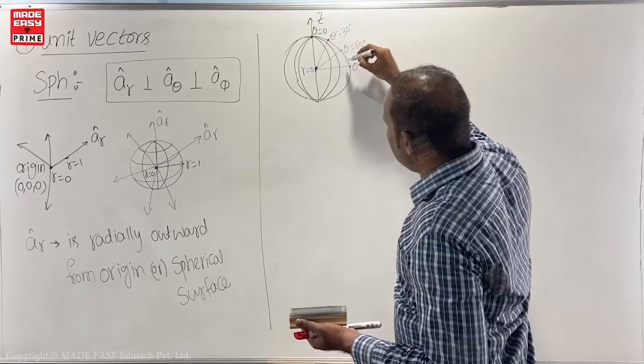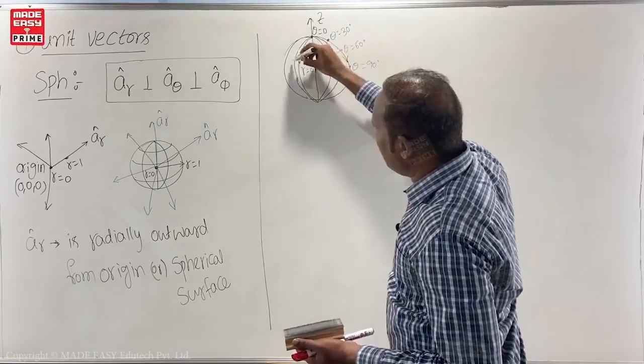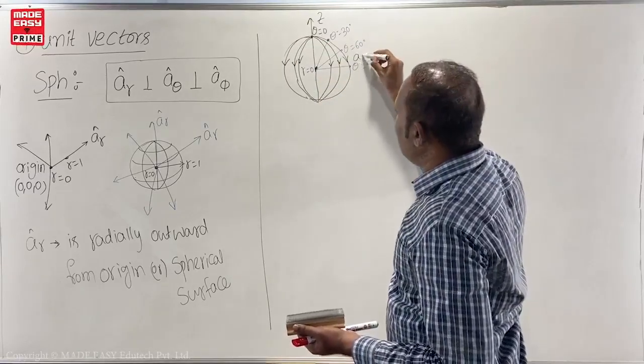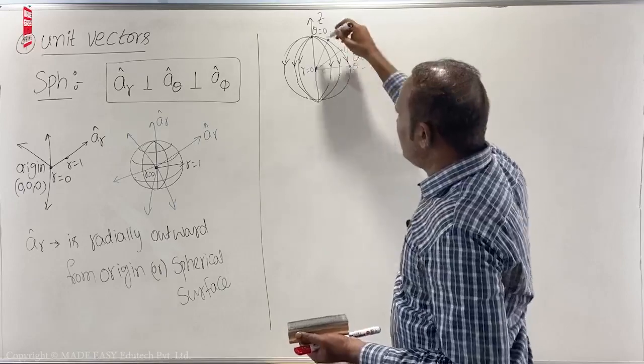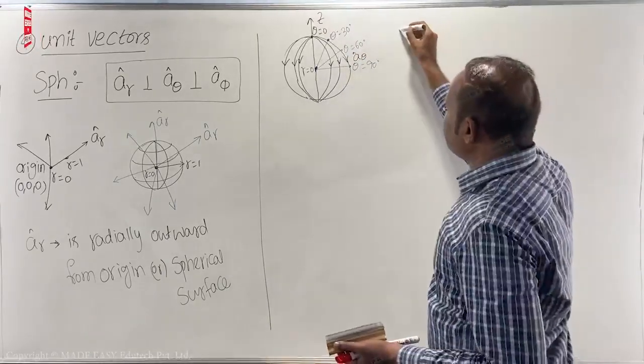theta is increasing. So that is why, like this, this is all A theta cap. A theta cap. That means theta is increasing like this. So how will you write that?